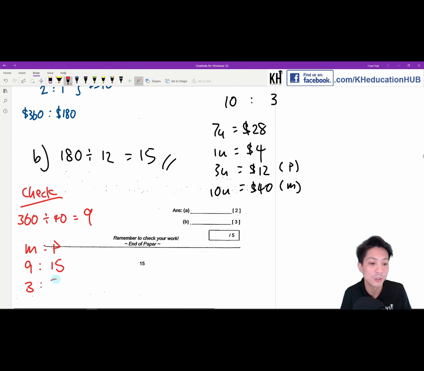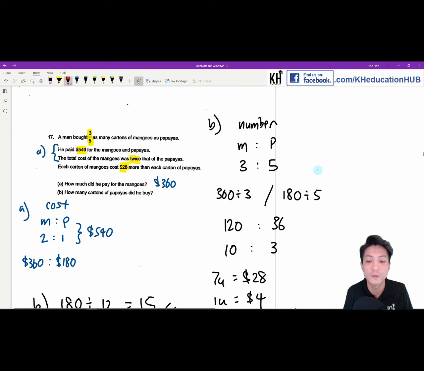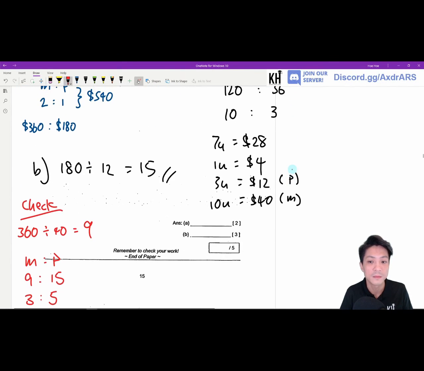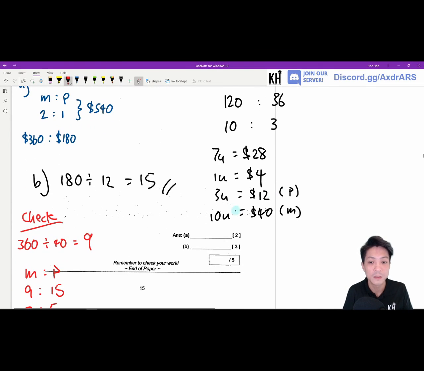Simplest form is 3:5, which tallies with the ratio over here. So the answer for this question would be $360 and 15 cartons.